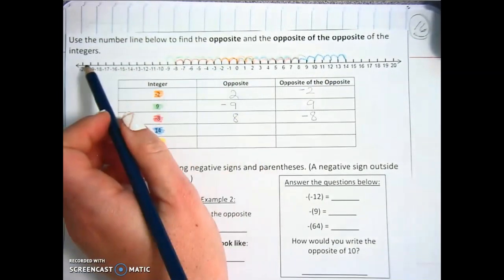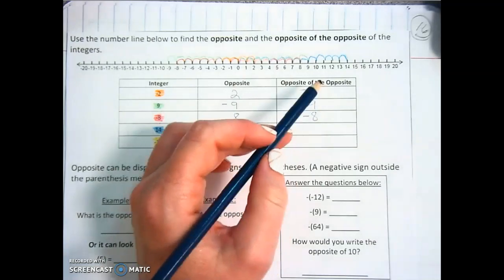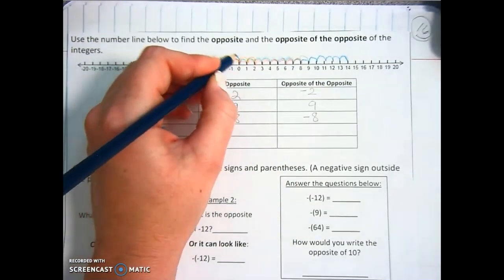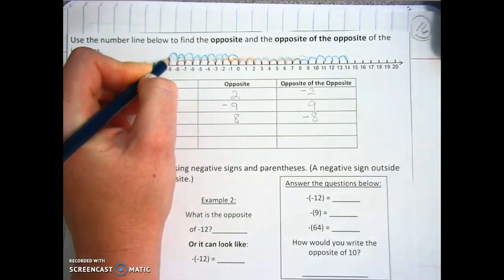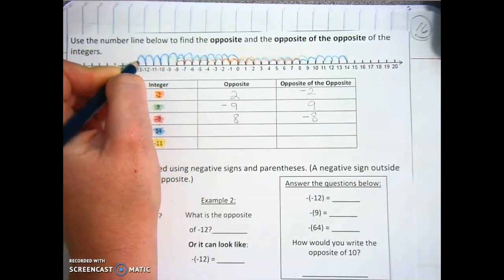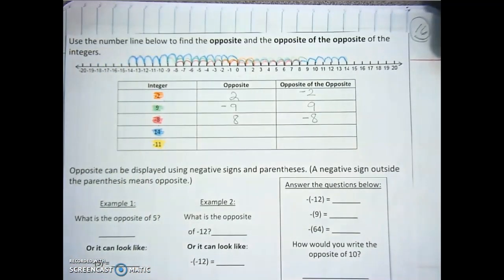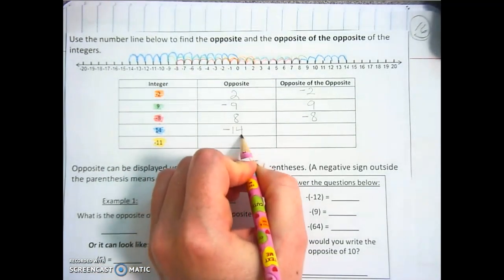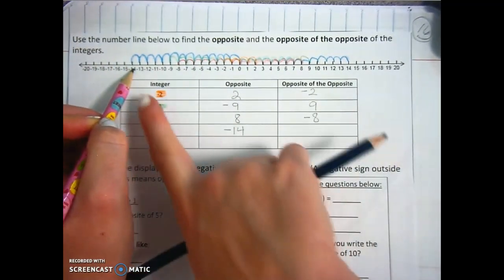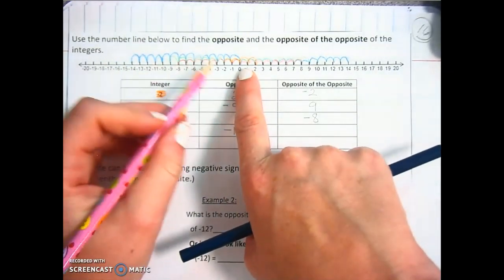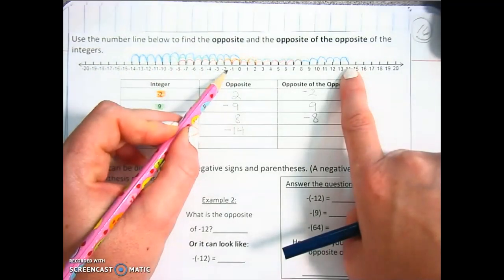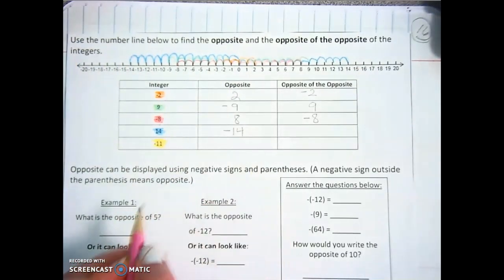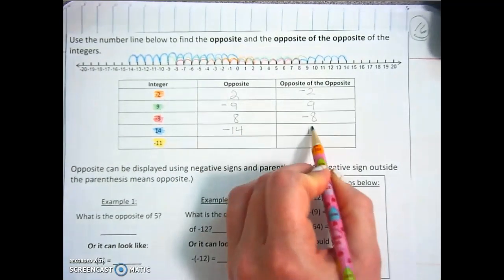Now I need to go the opposite way to find the opposite of +14. 14 spaces from 0 in the opposite direction takes me to -14, so that is the opposite. And then I remember that the opposite of -14 goes back to +14 because it's the same amount of spaces to 0 but on the opposite side. So the opposite of the opposite is +14.